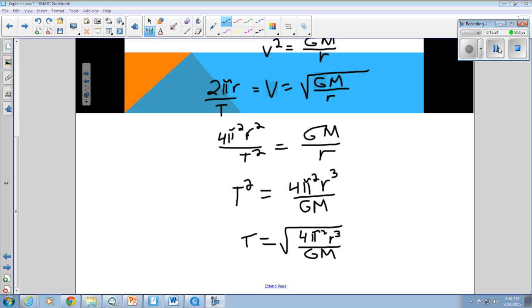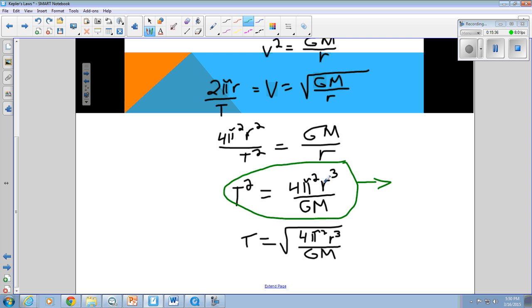One thing to note is if we look at this formula here and we move things around a bit, we can take the r cubed over here, and what formula do we get? T squared, the period squared, over the radius cubed is equal to 4 pi squared over GM.